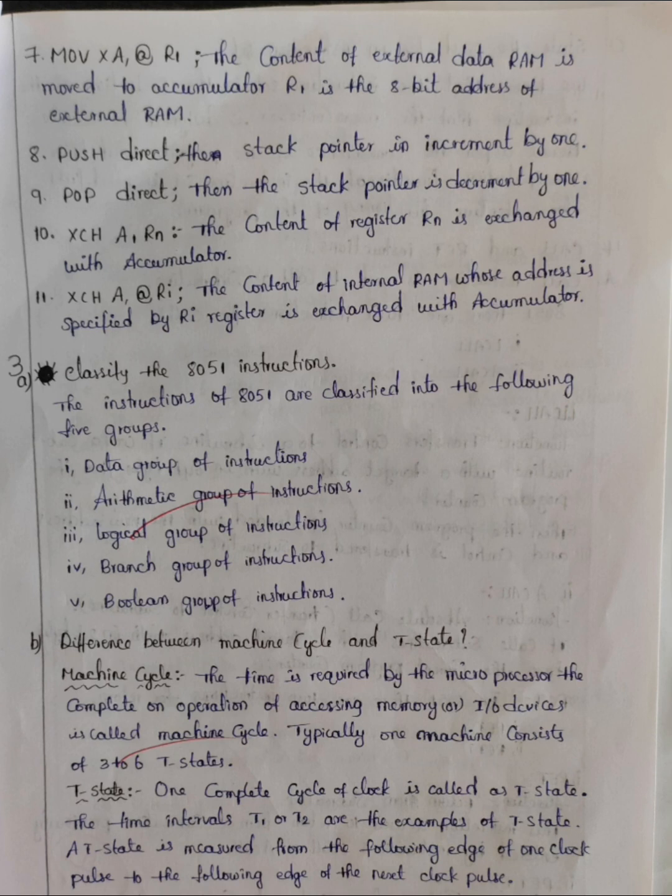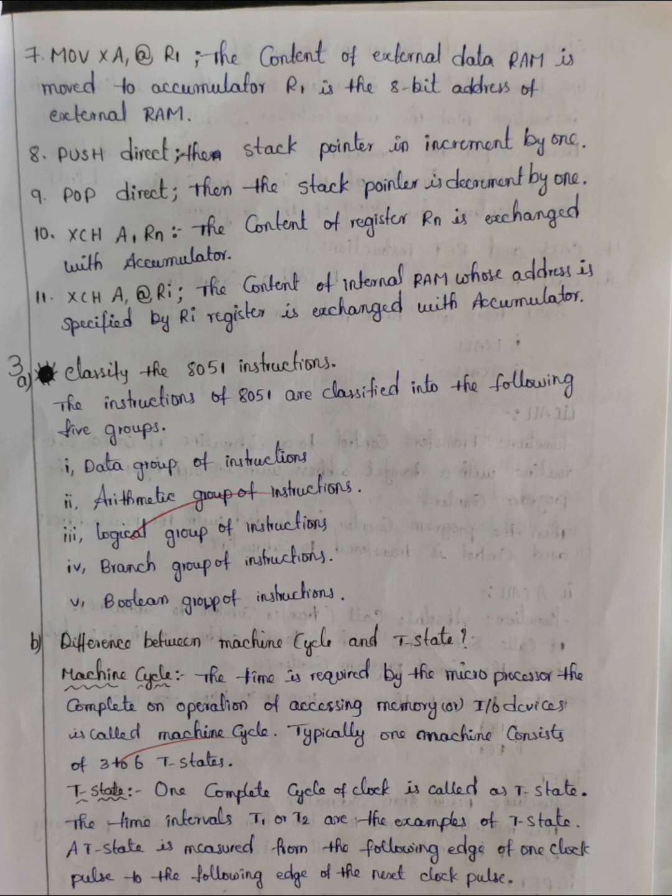MOVX A, @R1: the content of the external data RAM is moved to the accumulator. R1 is the 8-bit address of external RAM. Eighth one, PUSH direct: the stack pointer is incremented by 1.